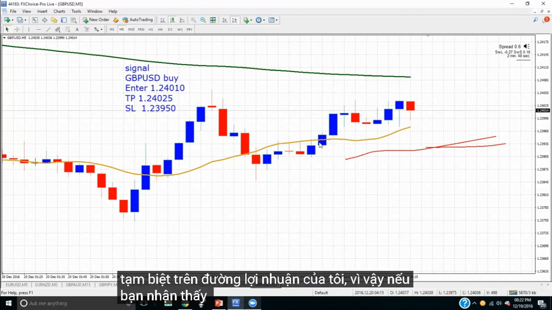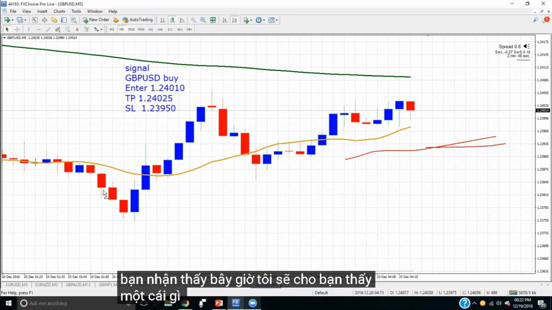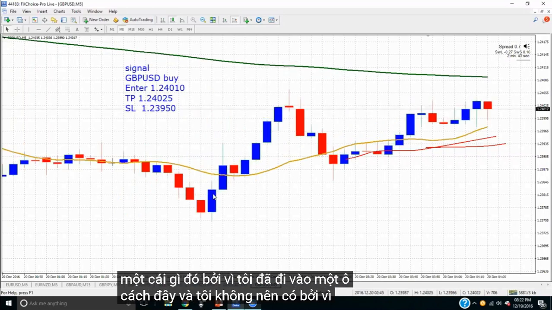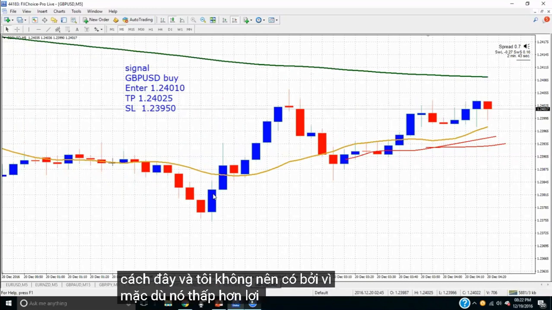If you'll notice now, I'm going to show you something, because I went into a sell a while ago and I shouldn't have, because even though it's below my profit line, look at what's happening.